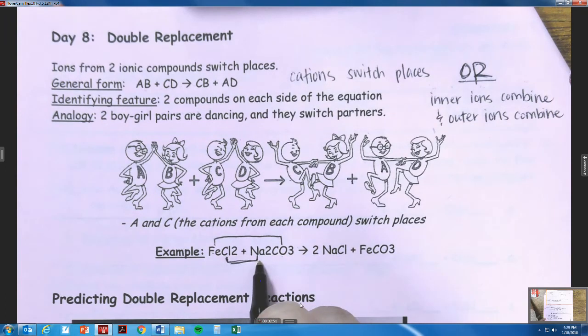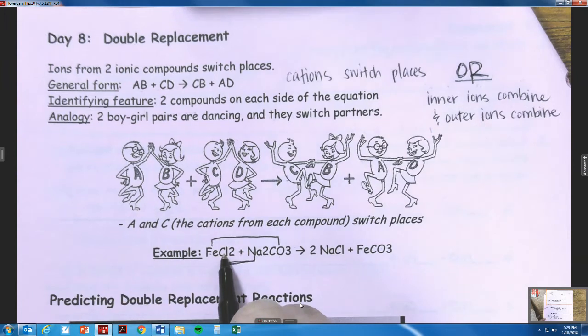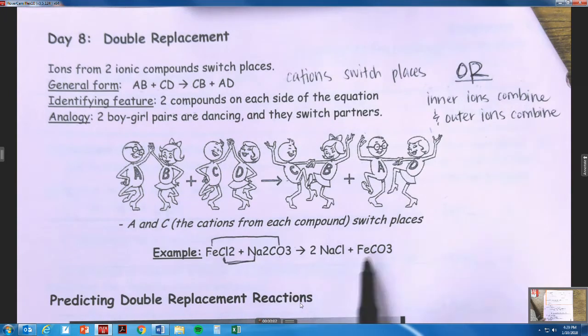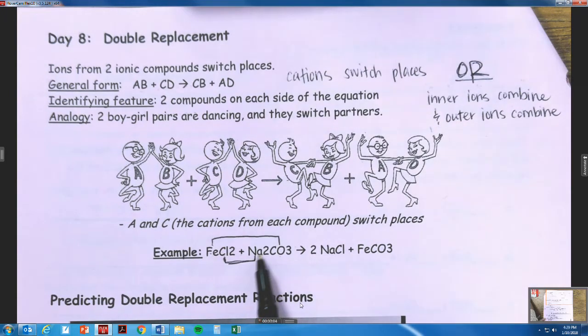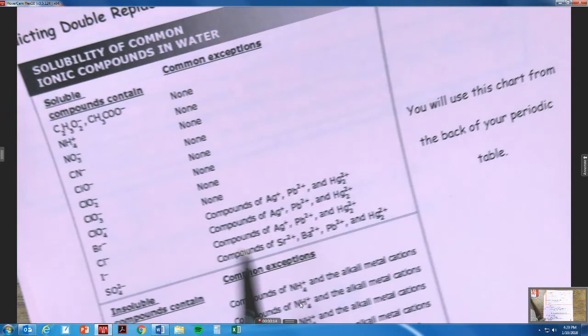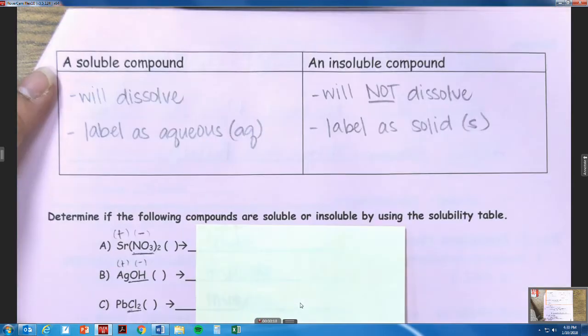So sodium is now going to bond with chlorine, and then iron is now going to bond with carbonate, which we see here: sodium and chloride, and then iron and carbonate. You have a table right here. We're going to skip over that really quick and go to the next page.